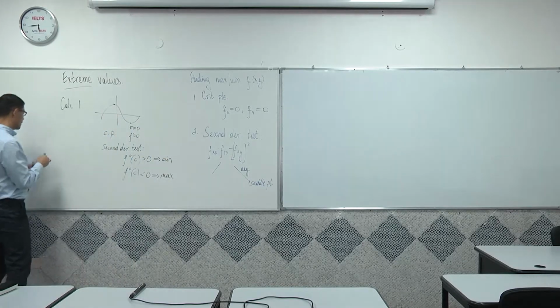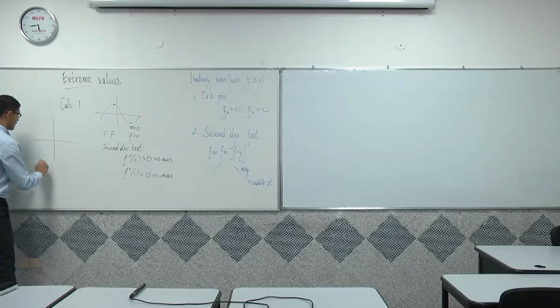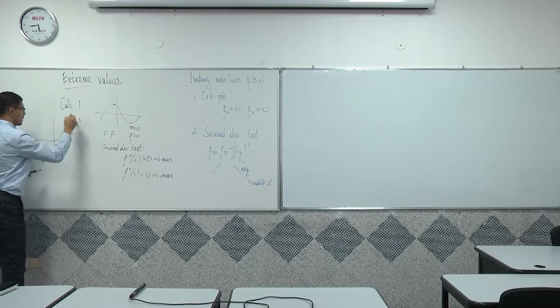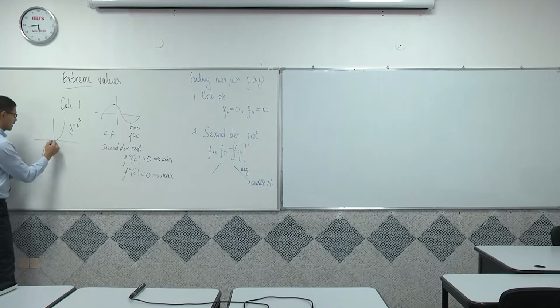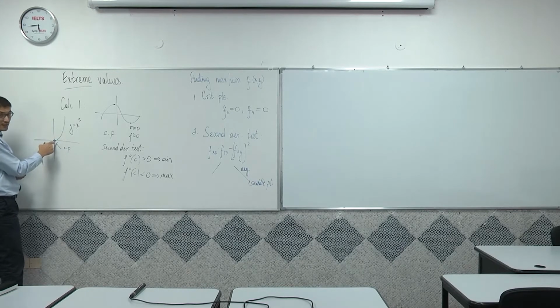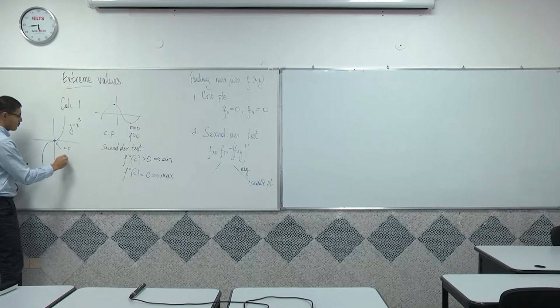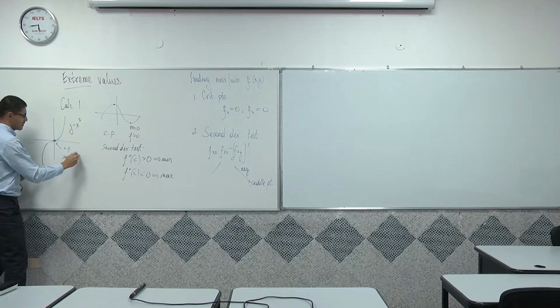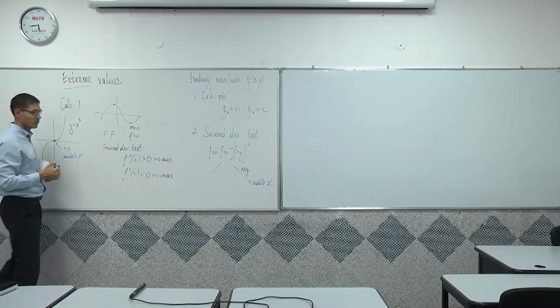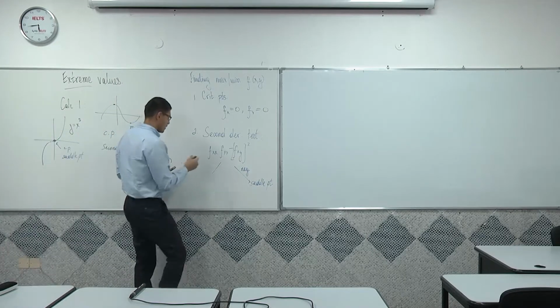In Calculus 1, we have a function like that. If you look at the graph of x cubed, then here, this would be a critical point, but it's not a maximum and it's not a minimum. We call this a saddle point. So that's what a saddle point is. It's a critical point, but it's neither maximum nor minimum. It can happen sometimes.